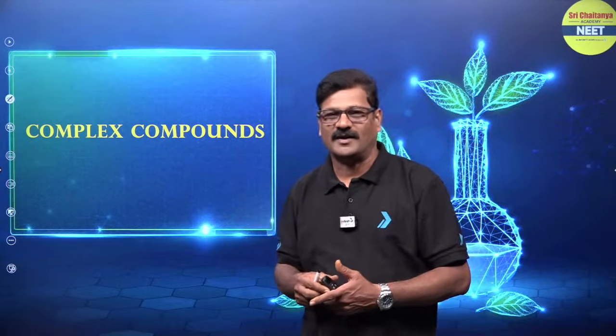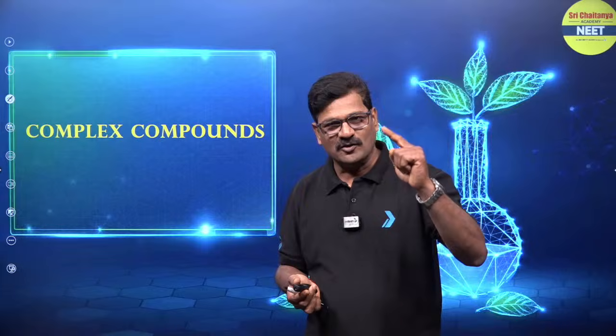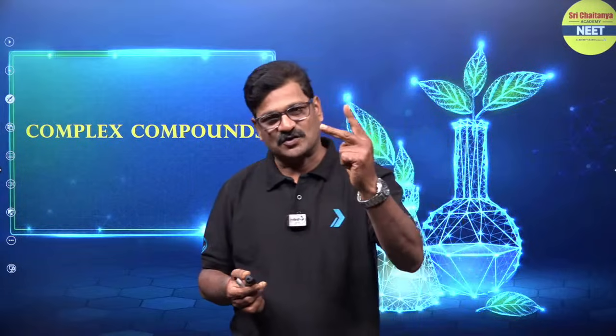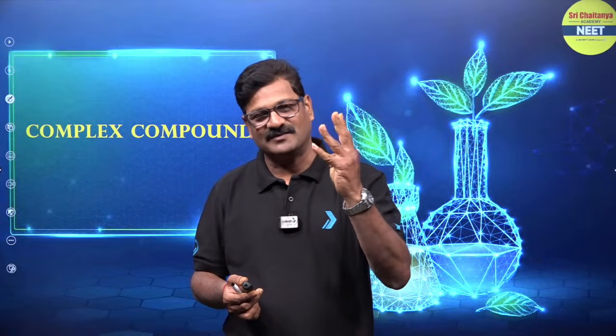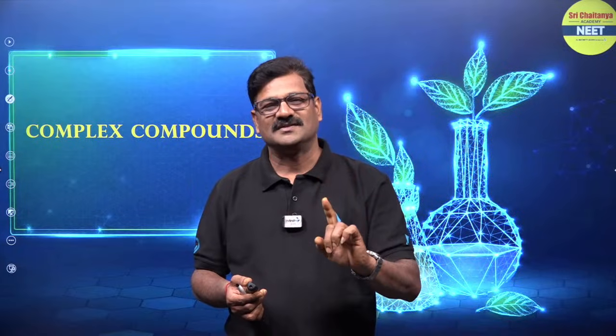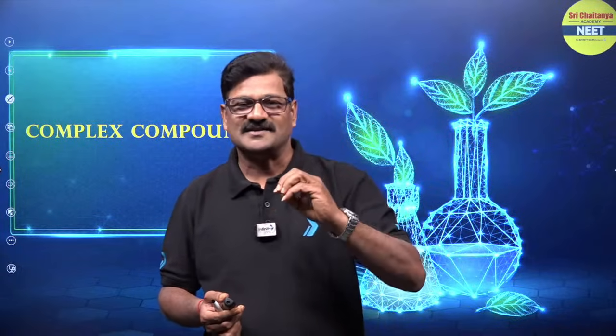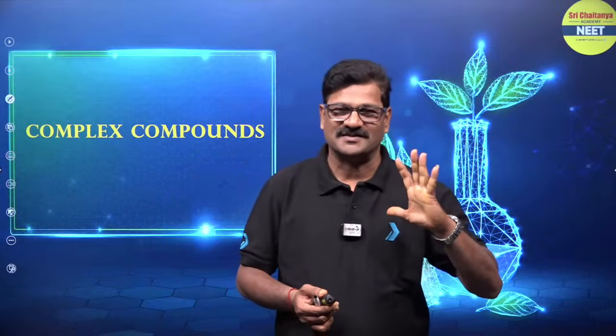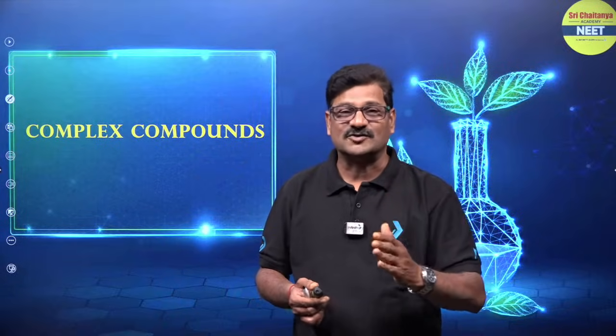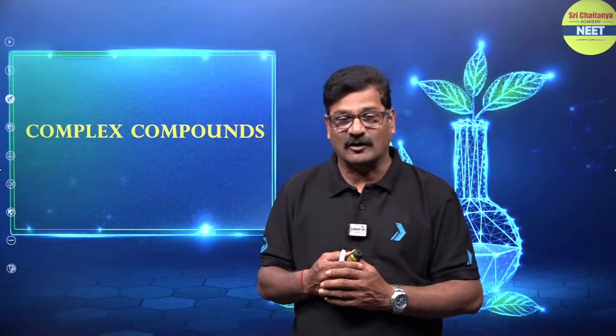Give the IUPAC name, give the structural isomer, give the stereoisomer, and find the primary valency, secondary valency, coordination number, hybridization, and you can apply magnetic moment, color, and crystal field splitting electronic configuration, and its stability. In total, 10 parameters you can take out.